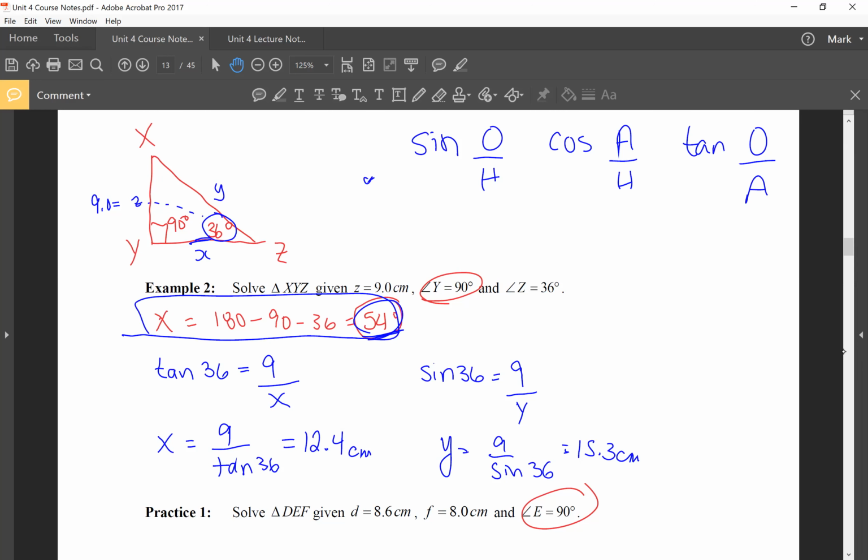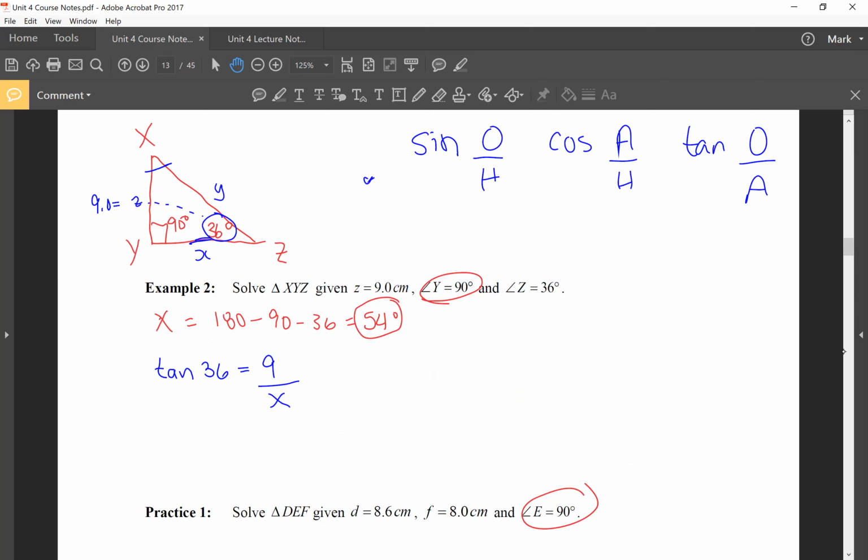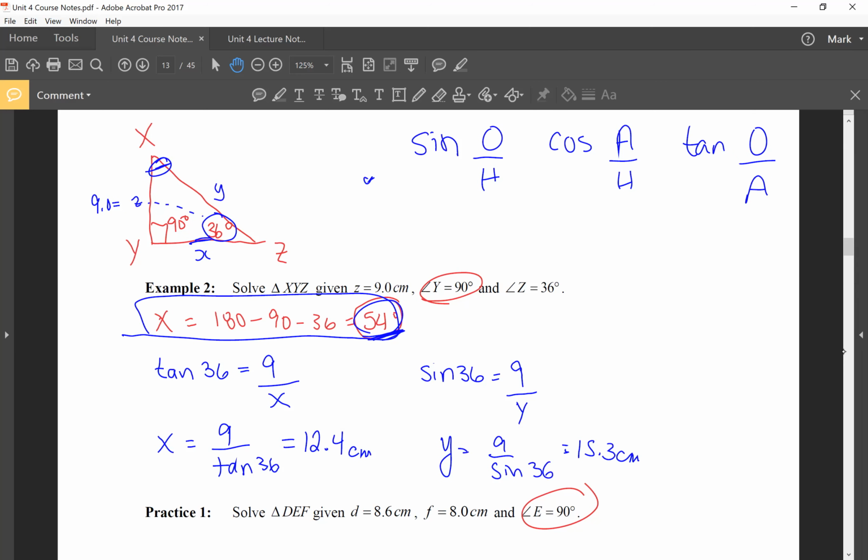If you didn't know this rule here, you could actually find x in another way. So I could find angle x up here using a trigonometric function. You guys pick sine, cosine, tangent, it doesn't matter.